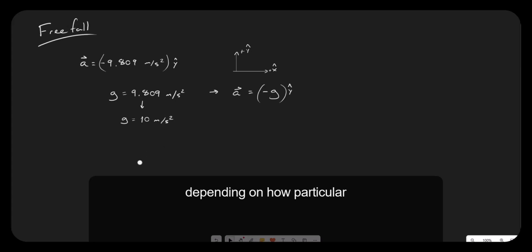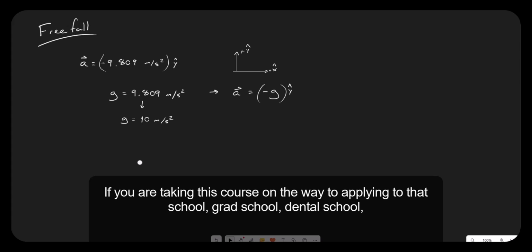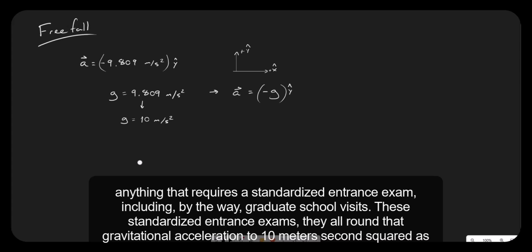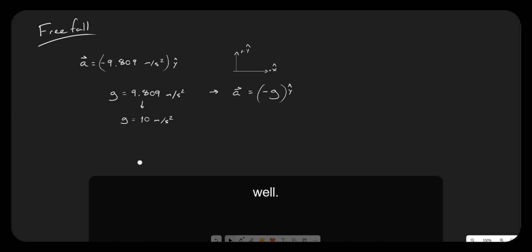Depending on how particular you as an individual are, this might bother you. If you are taking this course on the way to applying to med school, grad school, dental school, anything that requires a standardized entrance exam, including, by the way, graduate school in physics, these standardized entrance exams, they all round that gravitational acceleration to 10 meters per second squared as well.